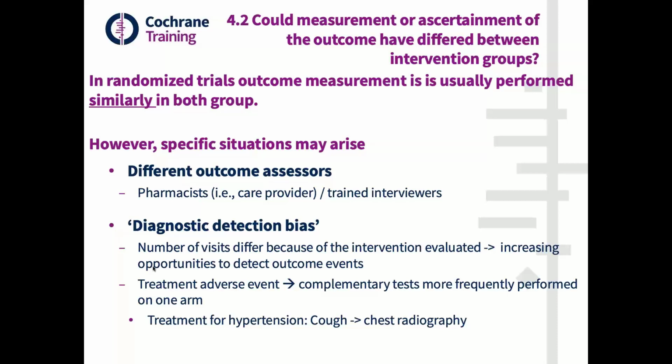A third situation is when the experimental treatment has some specific adverse event that will result in complementary tests that will be more frequently performed in one arm compared to the other. For example, there are some treatments for hypertension that will be responsible for cough, and so chest radiography might be performed more frequently, and the likelihood of detecting an issue on the chest radiography will be higher in one group compared to the other.